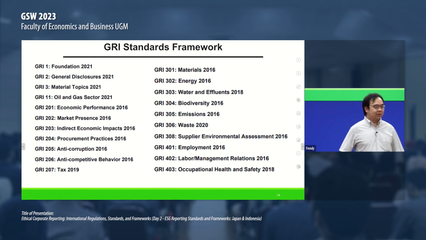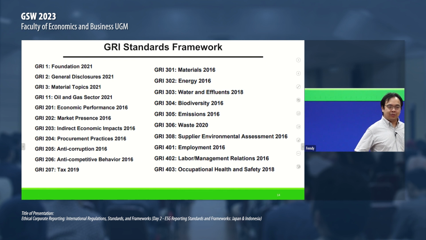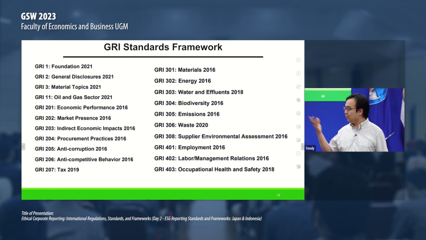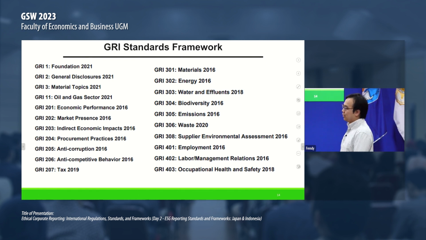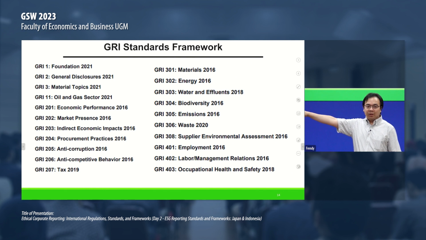GRI 11. Oil and gas, right? It's over there. GRI 11. After 1, 2, 3, we have 11. So GRI so far hasn't considered other industries. Only one. They pay special attention to oil and gas.